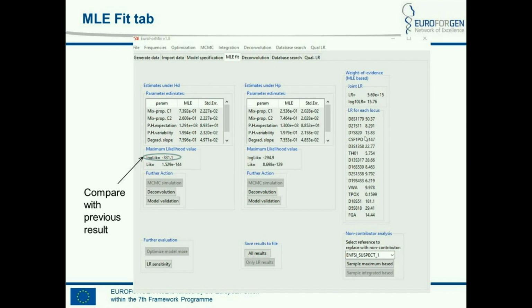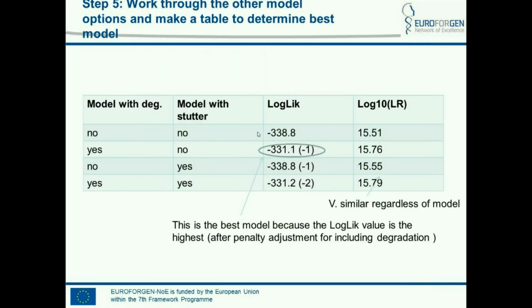So all we do is we just go through this process over again, changing the model, and then make a note of the log likelihood in this column and the log 10 likelihood ratio in this column. So when we use a model without degradation and without stutter, the log likelihood is minus 338.8.